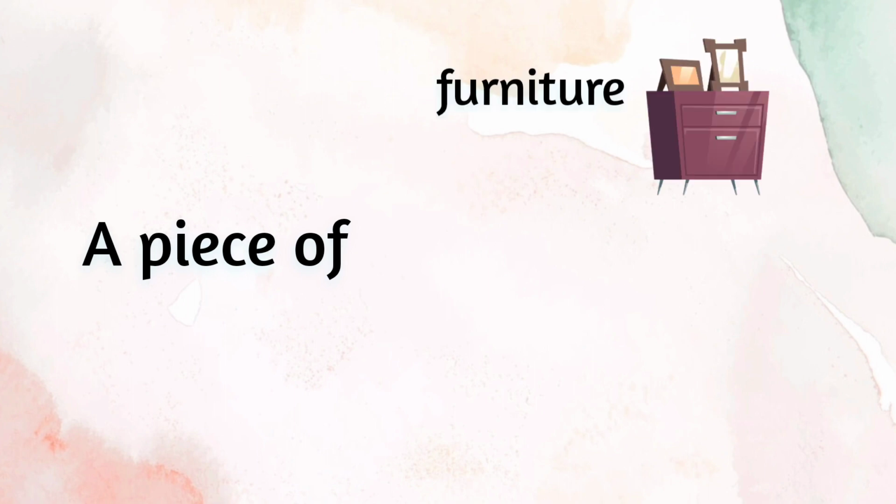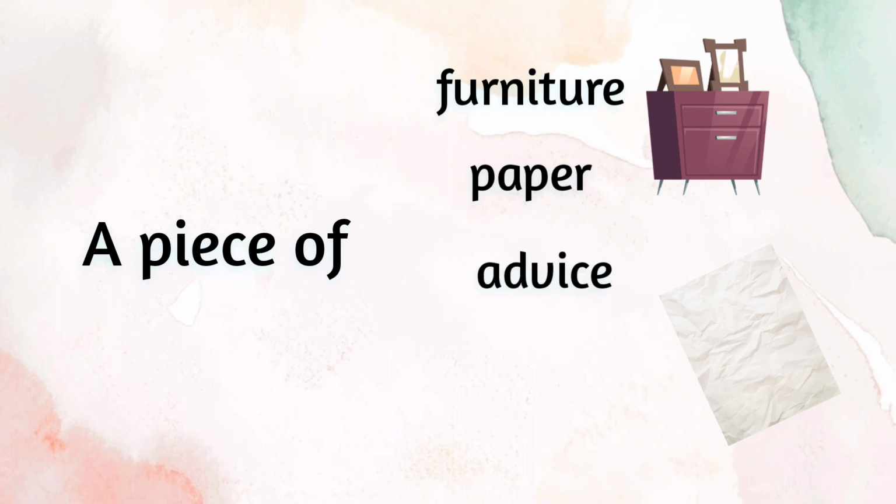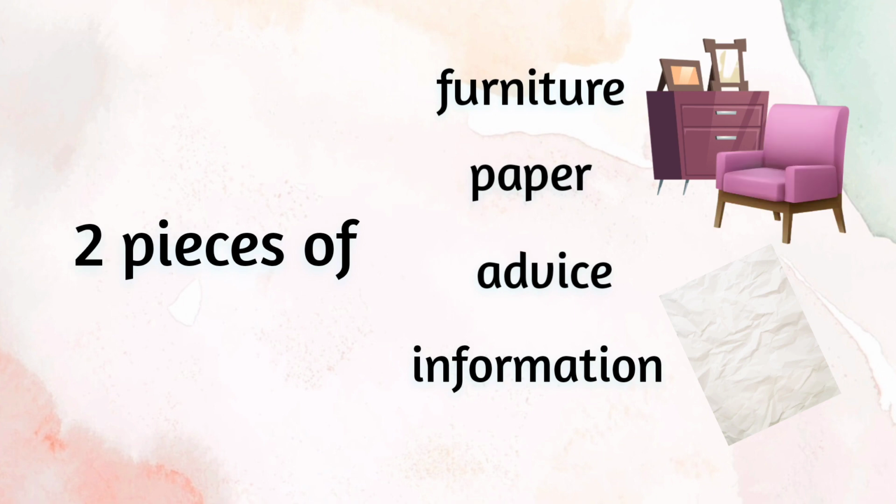A piece of furniture, a piece of paper, a piece of advice, a piece of information, 2 pieces of furniture, 2 pieces of paper, 2 pieces of advice, 2 pieces of information.